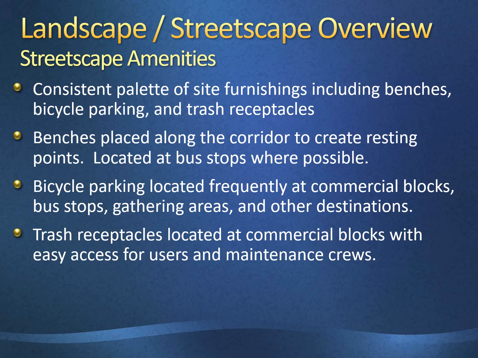Bicycle parking is also located frequently at commercial blocks, bus stops, gathering areas, and other destinations. Since this project includes the creation of bike lanes on Mount Auburn Street, we want to make sure that we're providing proper accommodations for bicyclists as well. There are also trash receptacles located at commercial blocks with easy access for both users and maintenance crews.